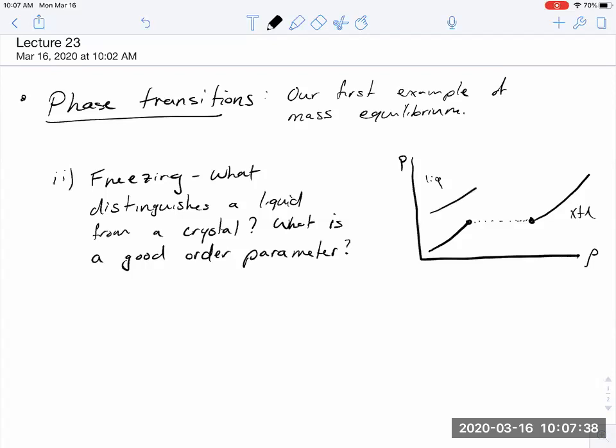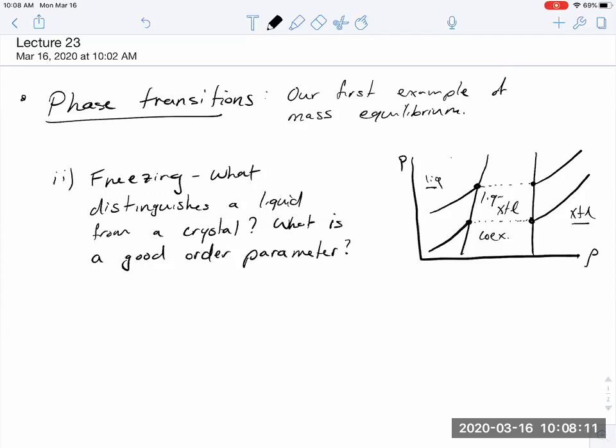I could do the same experiment at a different temperature. Maybe the abrupt transition between liquid and crystal happens at slightly different densities. But there is a locus of these points where I see this abrupt transition that separate regions of thermodynamic parameters where liquids are stable from where crystals are stable, with an intermediate regime where we have liquid crystal coexistence.